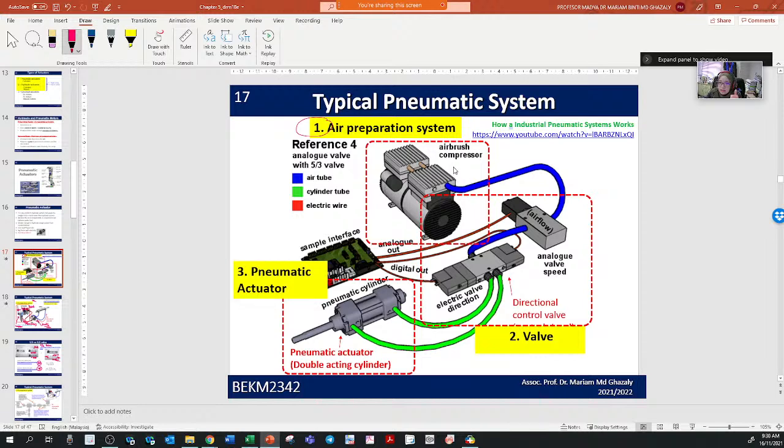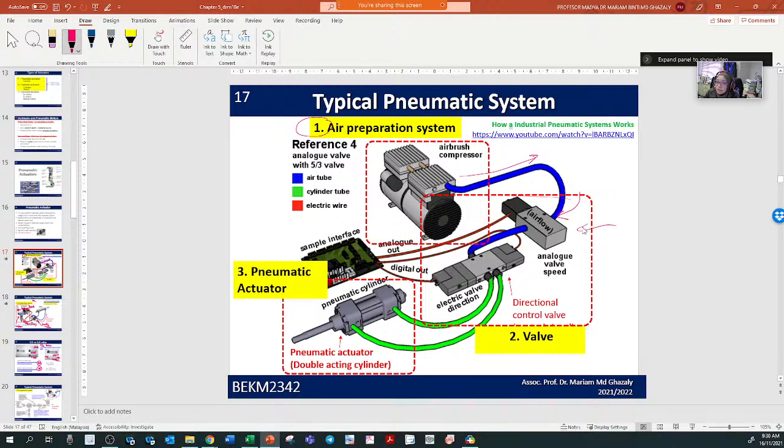After going through all the parts of the air preparation, from compressing the air until filtering, lubricating and regulating it, you have the air going out from the tube and into a control valve, the directional control valve.